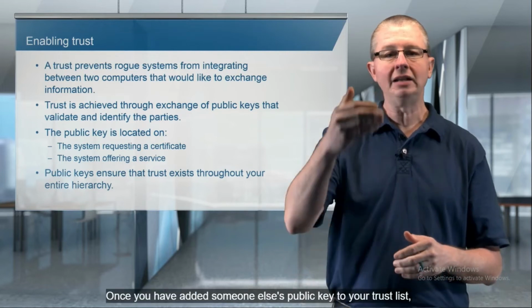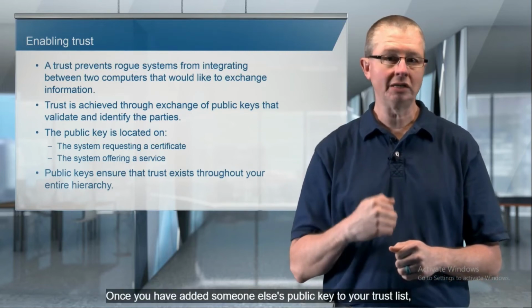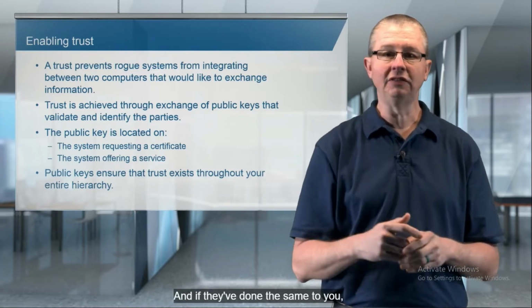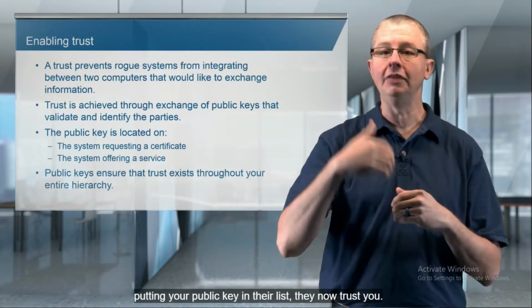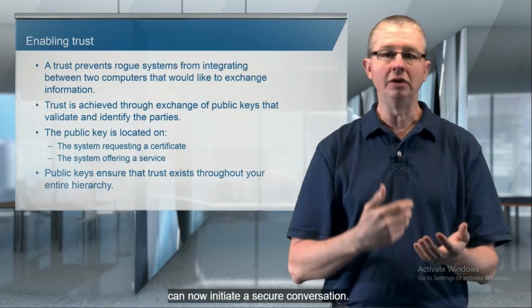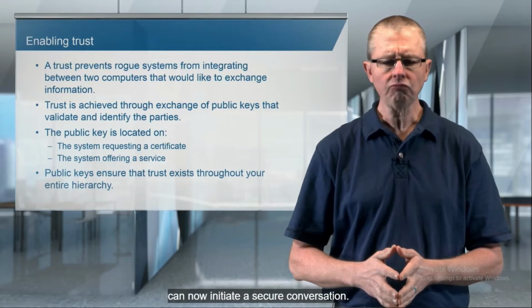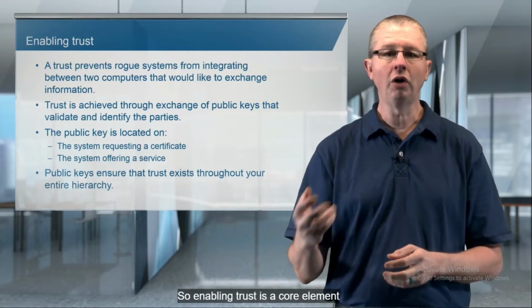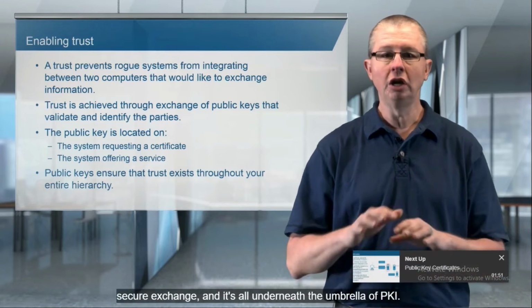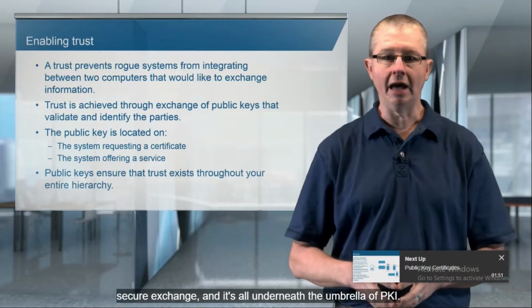Once you have added someone else's public key to your trust list, you now have trust in them. And if they've done the same to you, putting your public key in their list, they now trust you. So this means either side can now initiate a secure conversation. So enabling trust is a core element of establishing secure communications, secure exchange, and it's all underneath the umbrella of PKI.